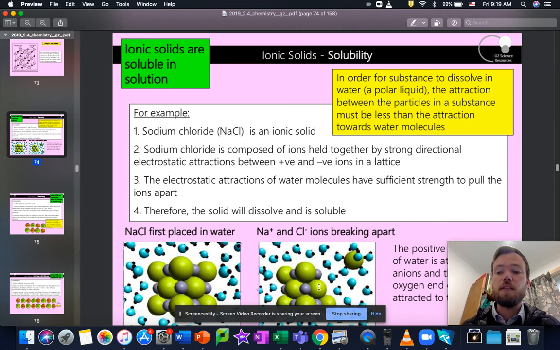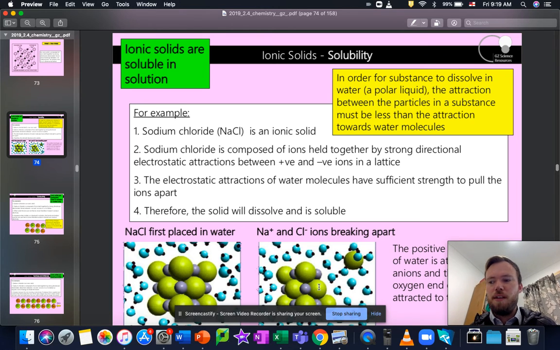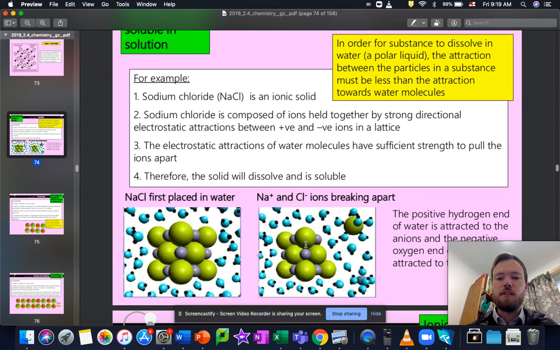Some ionic solids are so attracted to themselves that they're not soluble. They don't get pulled away by the more attractive water, and that's why ionic solids are soluble, because they've got positive and negative charges, and water is able to attract both a positive and negative charge because it's got a positive and negative end.